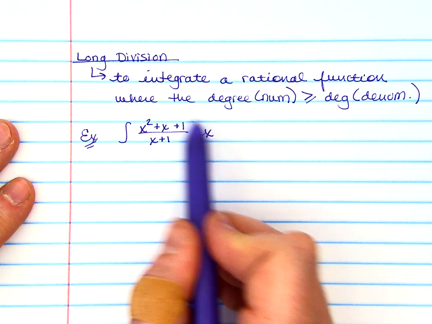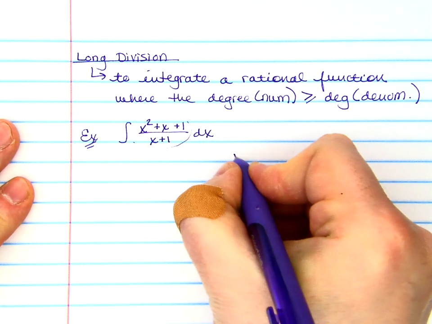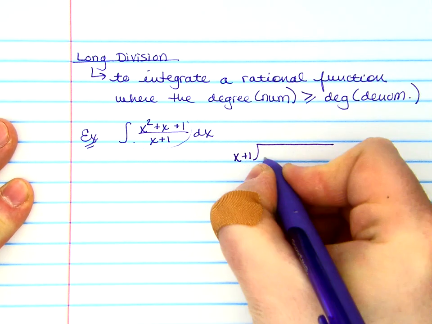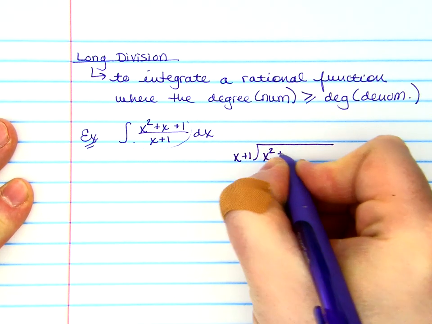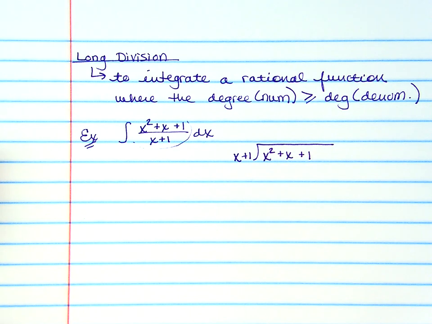I'm going to ignore the calculus part for right now and use long division to rewrite this: x plus 1 divided into x squared plus x plus 1. Yes, you could do synthetic division, but long division will always work. I'm going to show you an example in a moment where there's no way around long division, so we might as well use it for everything and review this method.